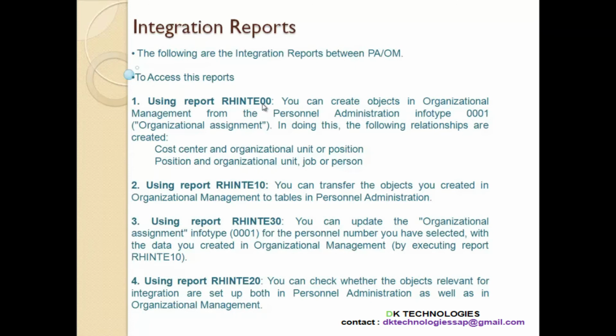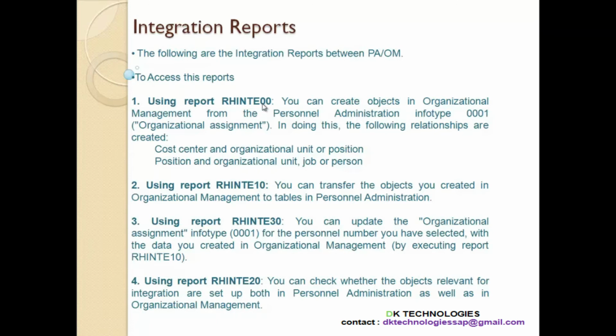In PA there is a possibility to create this without OM. In that case, tomorrow your company is thinking of implementing OM. Now they already had PA implemented, and in infotype 1 the employee is assigned to a job, position, or unit.